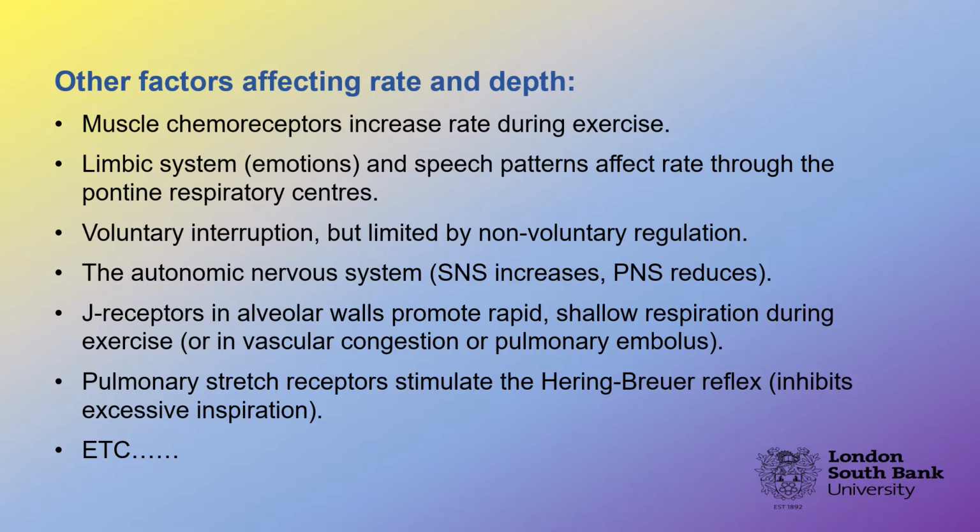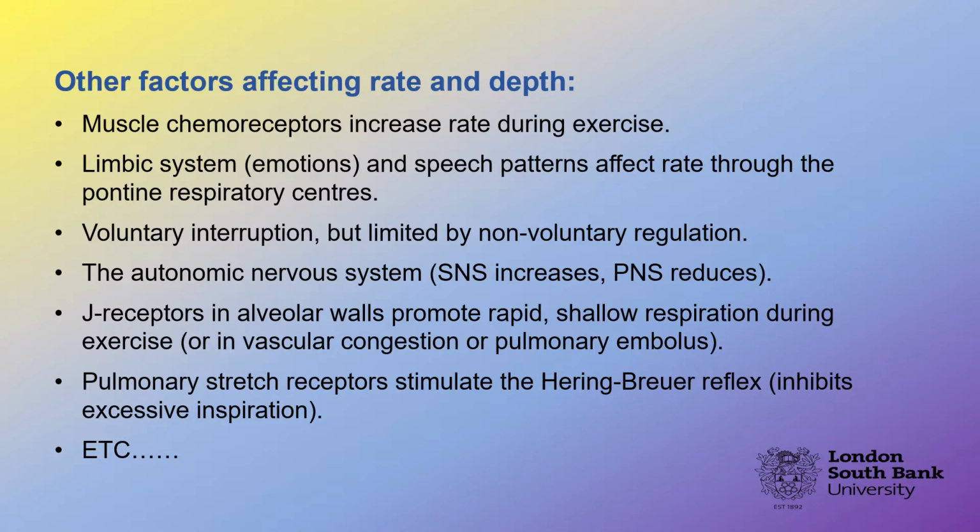So there are other factors that affect rate and depth apart from these chemoreceptors that we've been talking about. We also have chemoreceptors within the muscles, and during exercise, so that we get more oxygen for muscle contraction and relaxation, these chemoreceptors will increase respiratory rate and depth to take more oxygen on board.